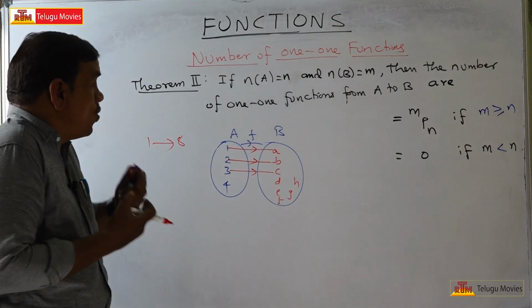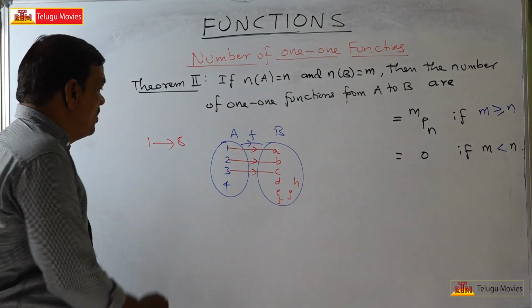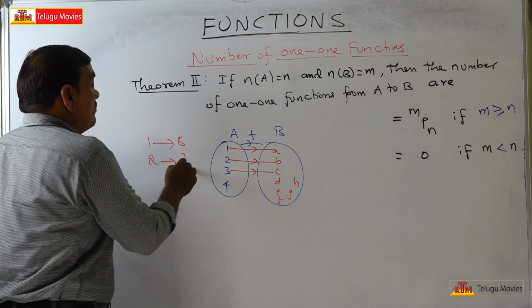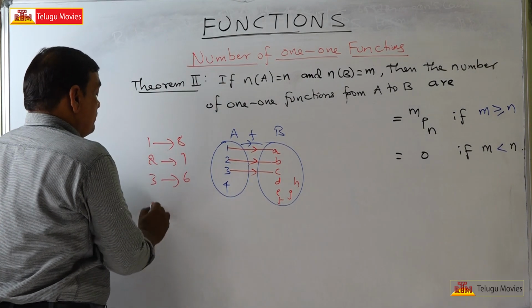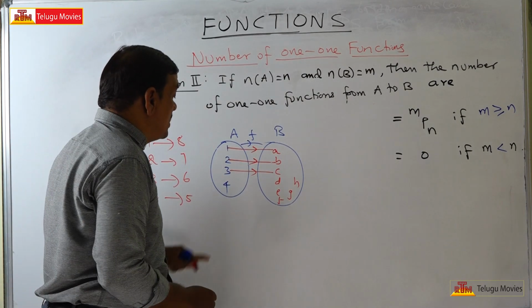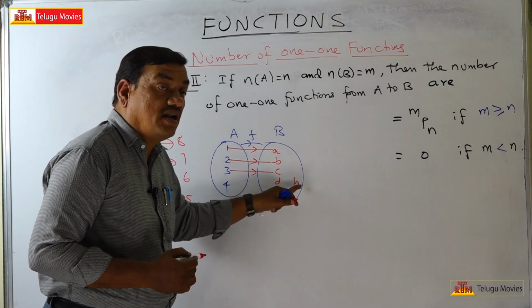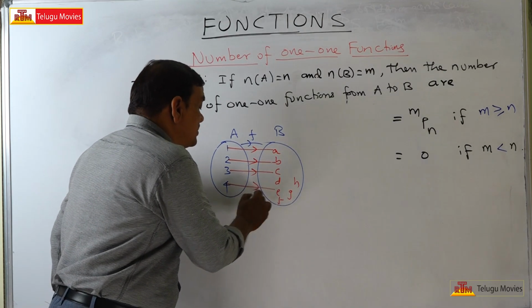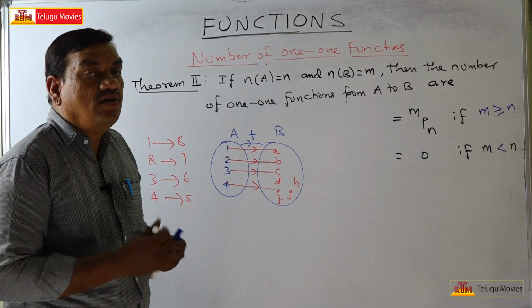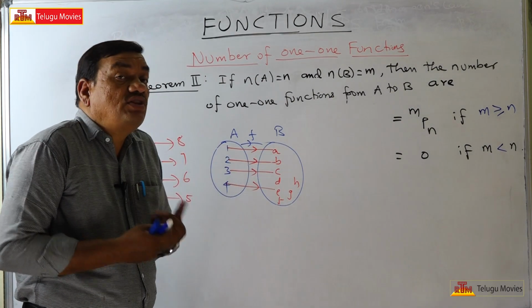1 can be filled in how many ways? 8 ways. For 2, it is 7 ways. For 3, it is 6 ways. For 4, how many chances are there? 4 can take either d or e or f or g or h. Try to understand here. In a general function, 2 can be associated with a also.